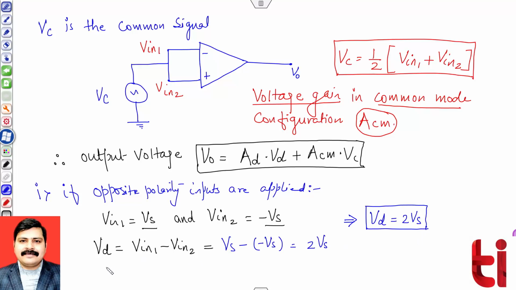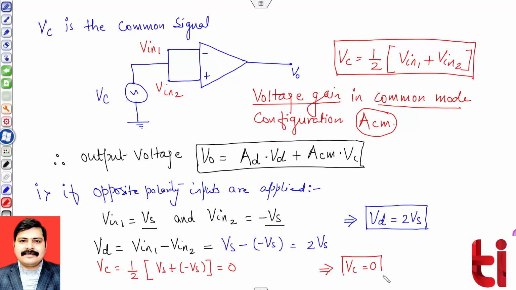For the same situation, let us find the value of the common mode signal VC. My VC will be the average value of both inputs, 1 by 2 of Vs plus minus Vs. You can see that this becomes 0.